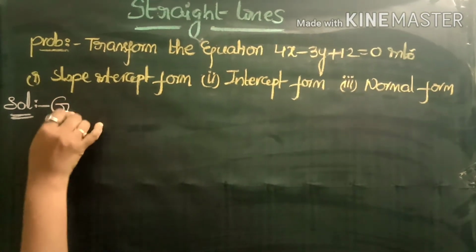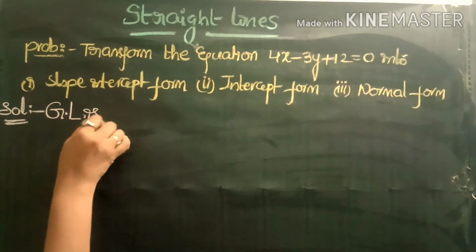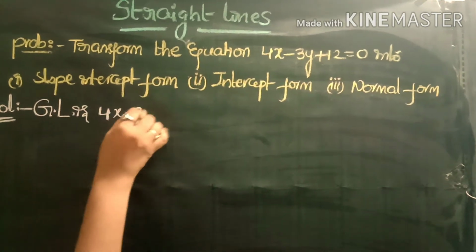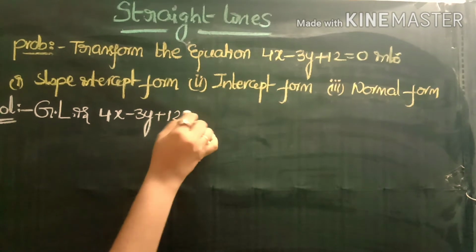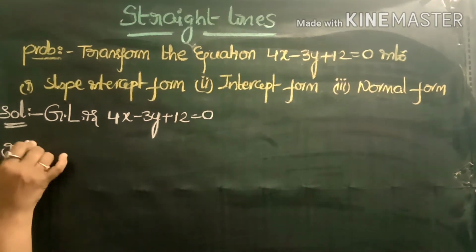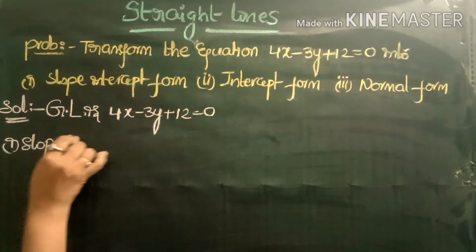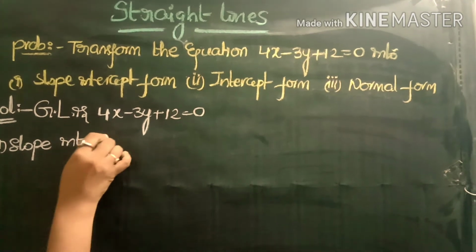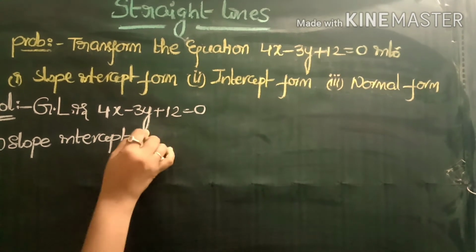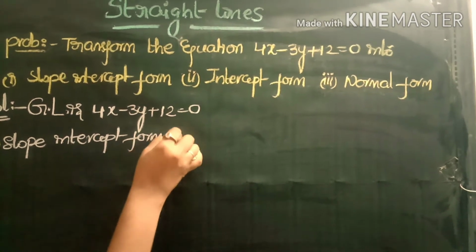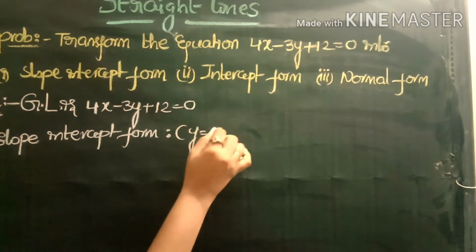So first we are taking the given line equation. Given line is 4x minus 3y plus 12 is equal to 0. Now first form, slope intercept form, which is nothing but y is equal to mx plus c.